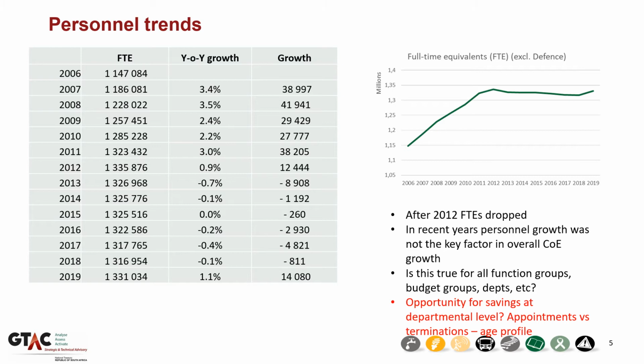So the recent expenditure growth on the aggregate, the expenditure growth on the total cannot be attributed to a growth in personnel. But this, of course, is not necessarily true at departmental level and should be further investigated, because that could be one of the reasons for total COE growth.